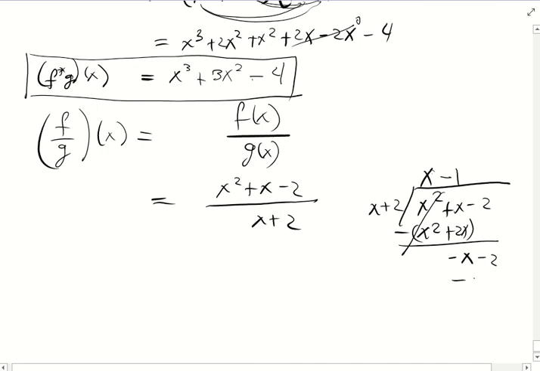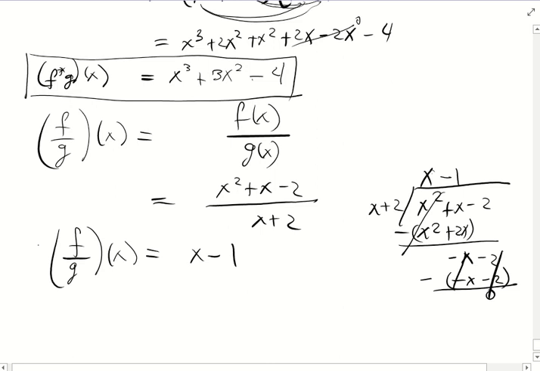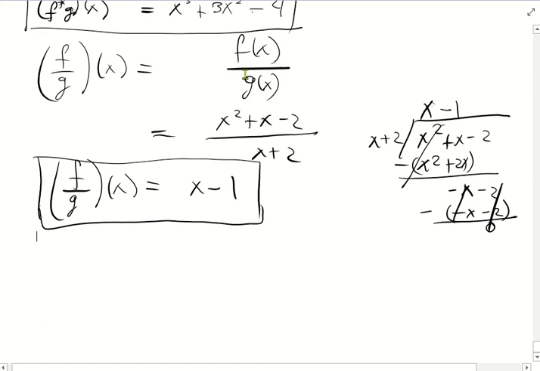So this will be negative x minus 2. Then if I subtract this one, then I will have 0. So x minus x, 0. 2 minus 2, 0. So therefore, the quotient of f and g is equal to x minus 1. You can also do synthetic division if you remember the synthetic division from your algebra, or you can always do long division. It's fine.